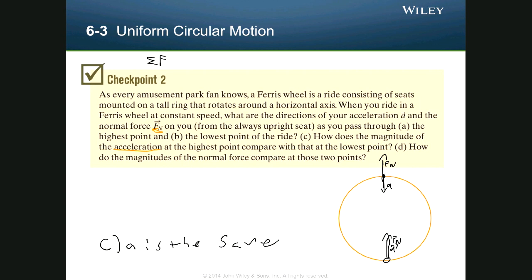G does not change. G is always G. But we're not really talking about G right now. We're talking about the normal force and the acceleration. Although G will be important.